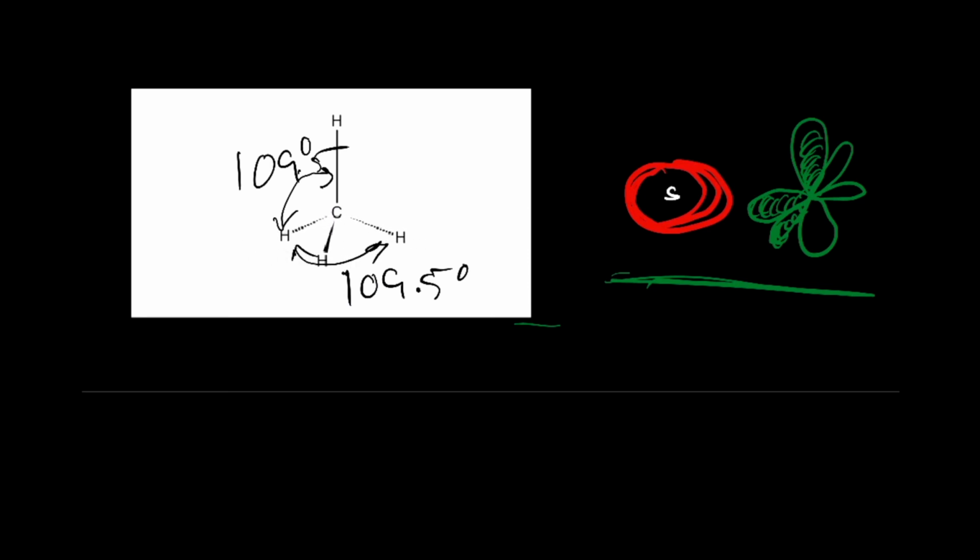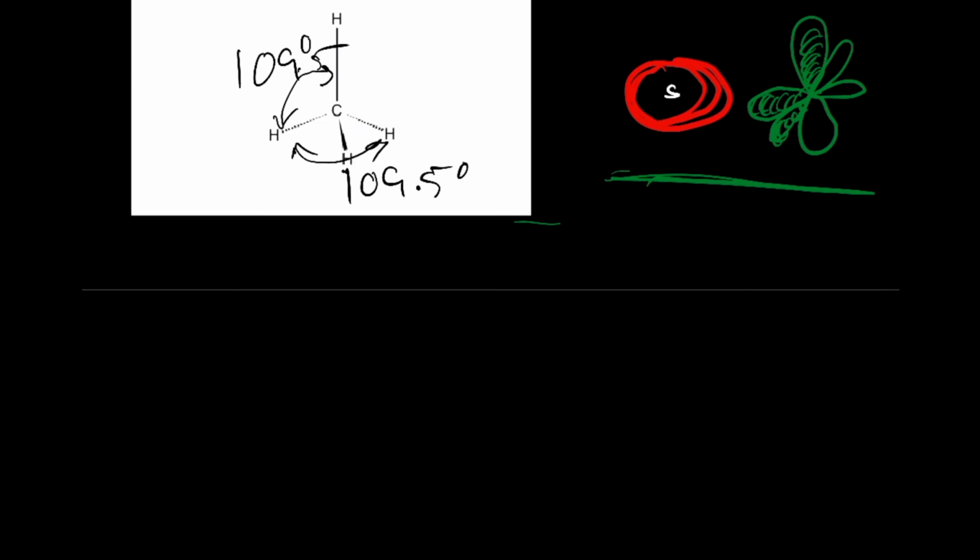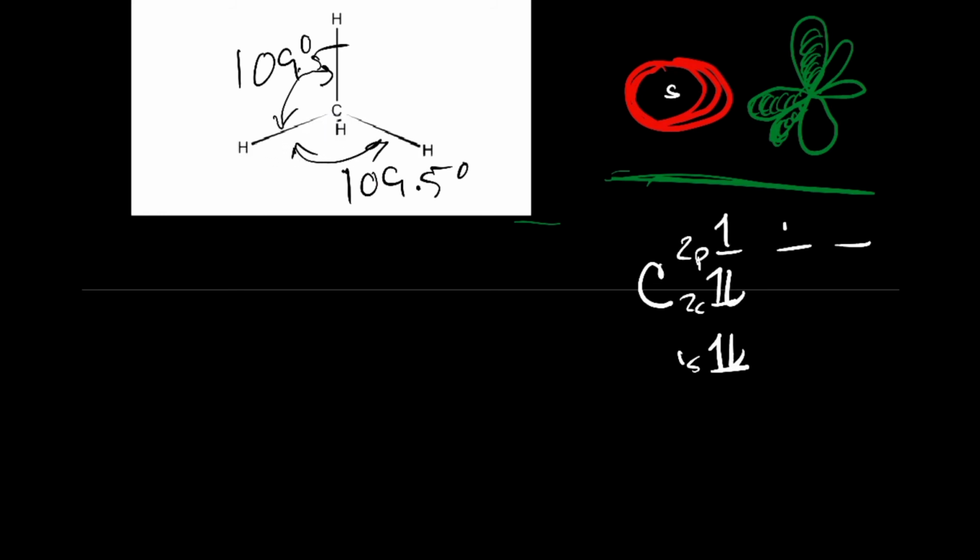In fact, if we consider the atomic structure of carbon, and I'll draw it down here, it's 1s, 2s, and then 2p, and it has 6 electrons. We follow all our rules.